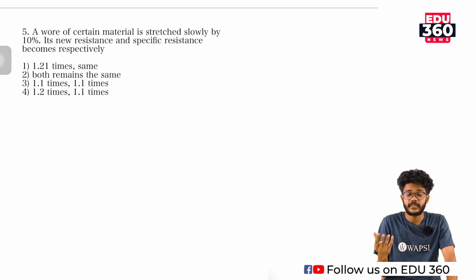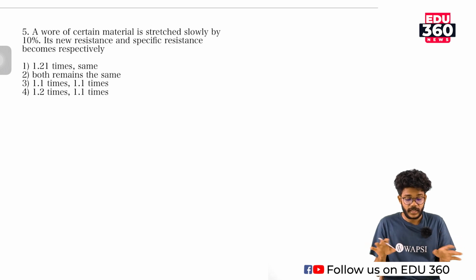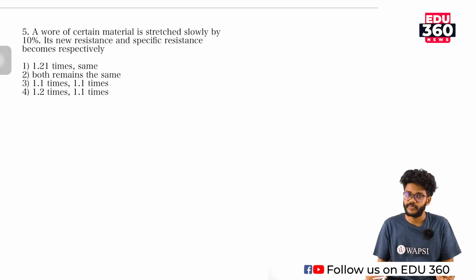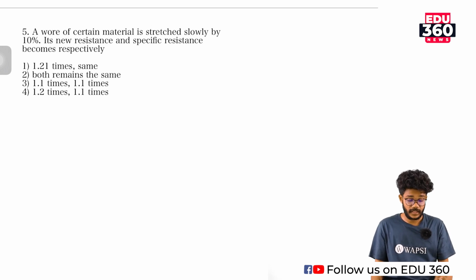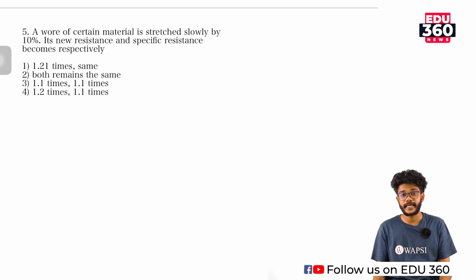But actually, please think that if a wire is stretched, its length will change and its area will change. Then both remain the same is the incorrect option. The third option is 1.1 times the resistance is increased, and 1.1 times the specific resistance is increased.